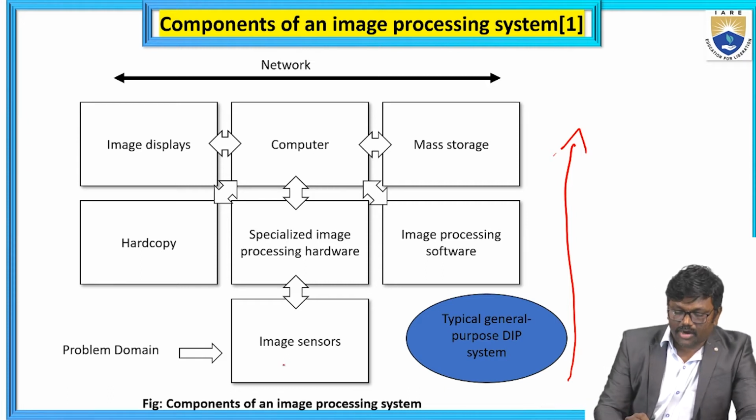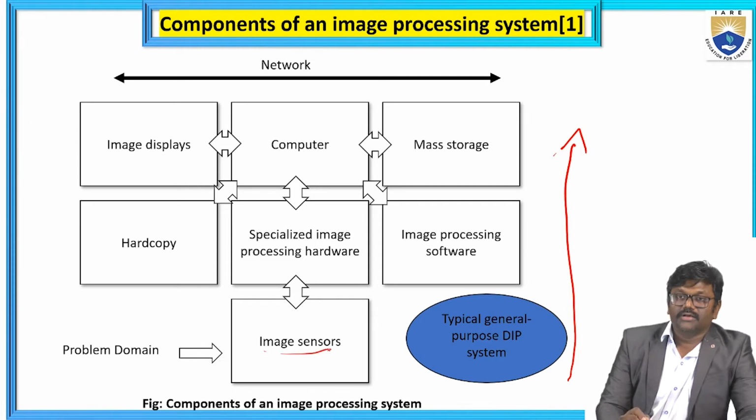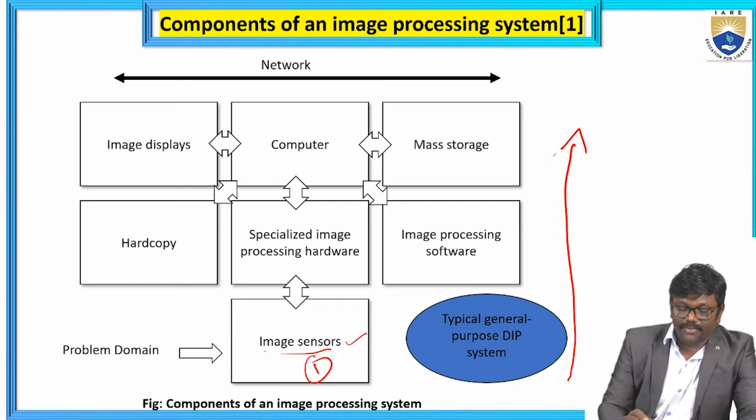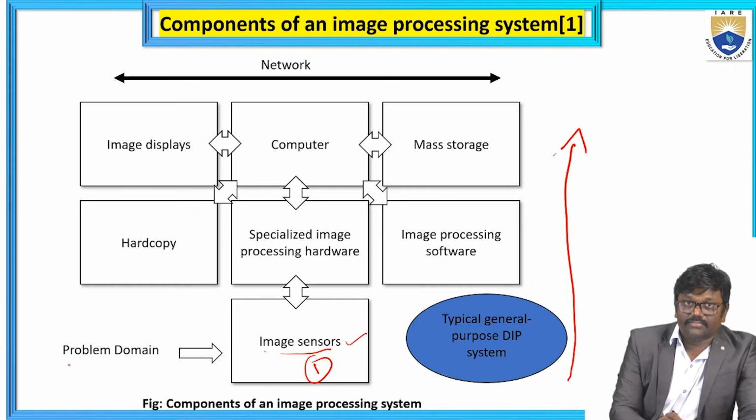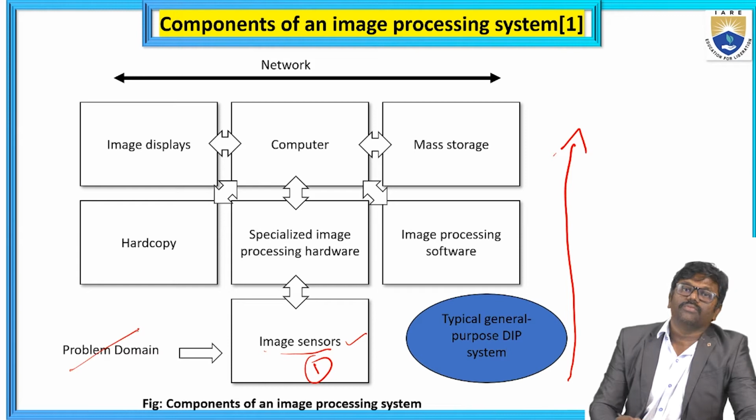The component number 1 is image sensors. This is number 1. It is defined in detail based on the design of the image processing, which depends upon the different applications and problem solutions.